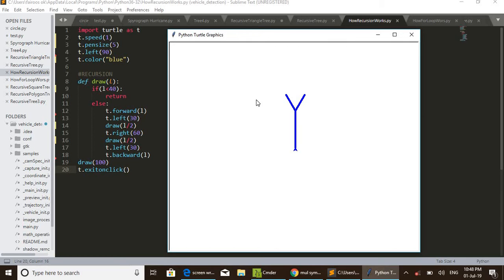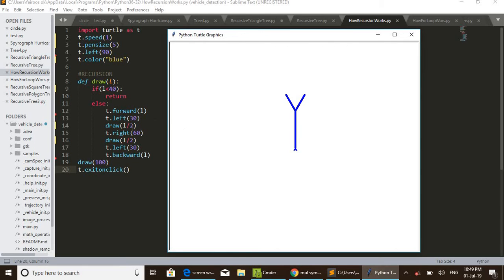Then t dot left 30, it turns left 30 degree, initially in this perpendicular direction, and it turns left 30 degree, and the turtle stands in this position itself.